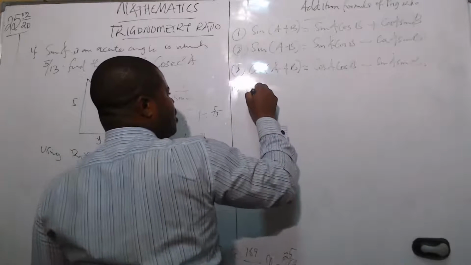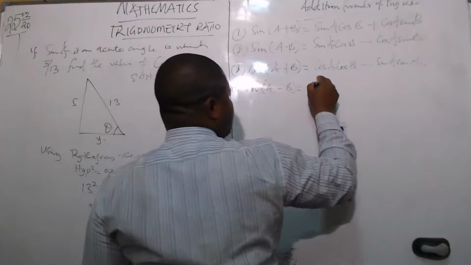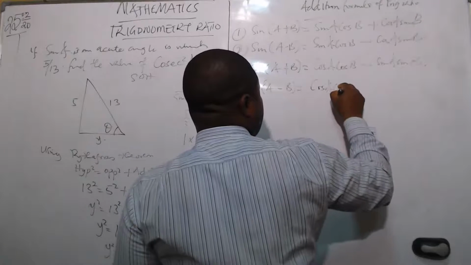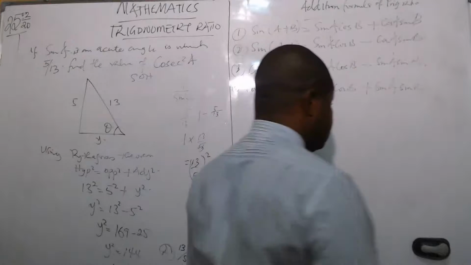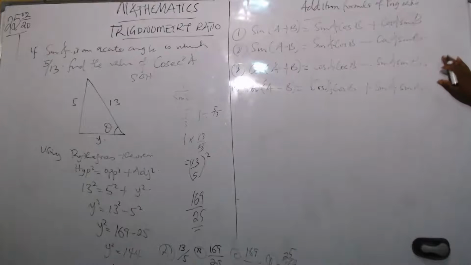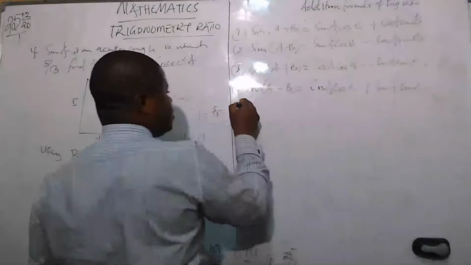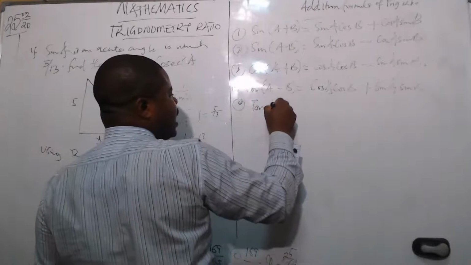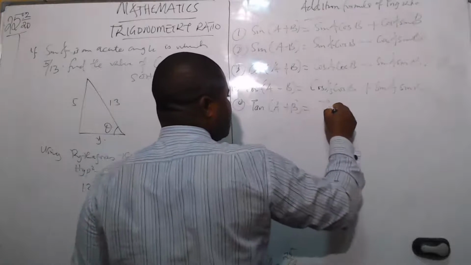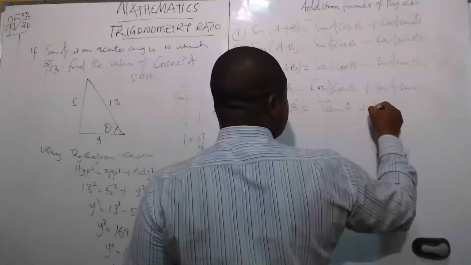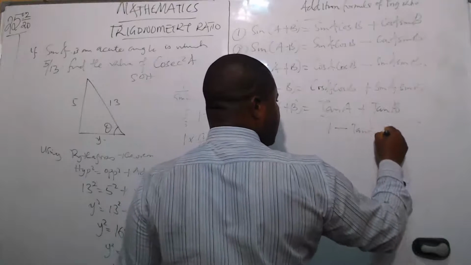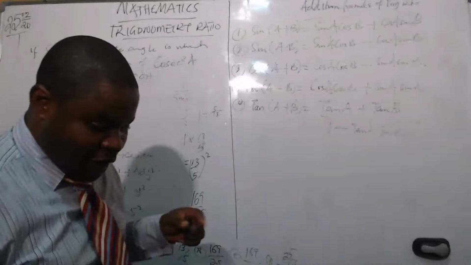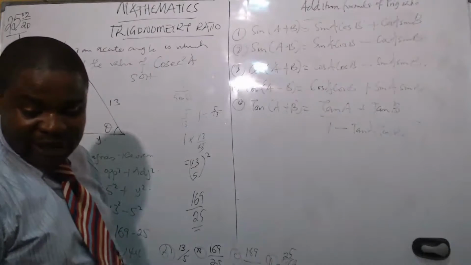Now the fourth one says cos (A minus B) is equal to cos A cos B plus sine A sine B. The fifth one says tan (A plus B) is equal to tan A plus tan B over 1 minus tan A tan B. The formulas are changing now.